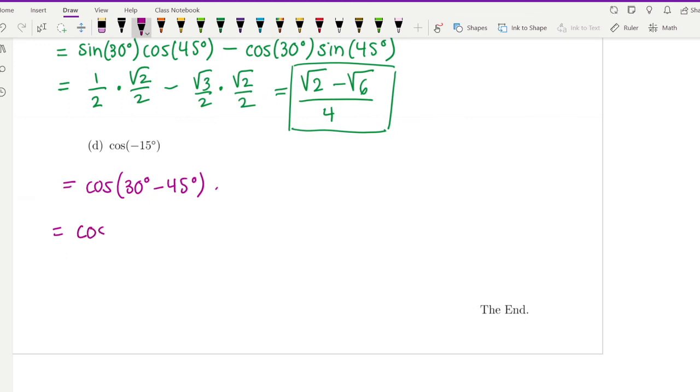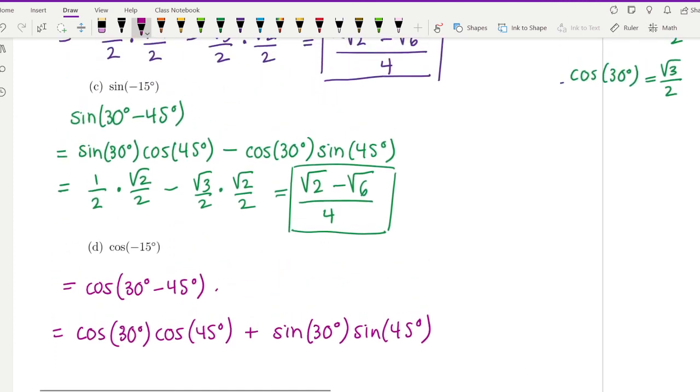So we're going to have cosine of 30 degrees times cosine of 45 degrees plus sine of 30 degrees times sine of 45 degrees.